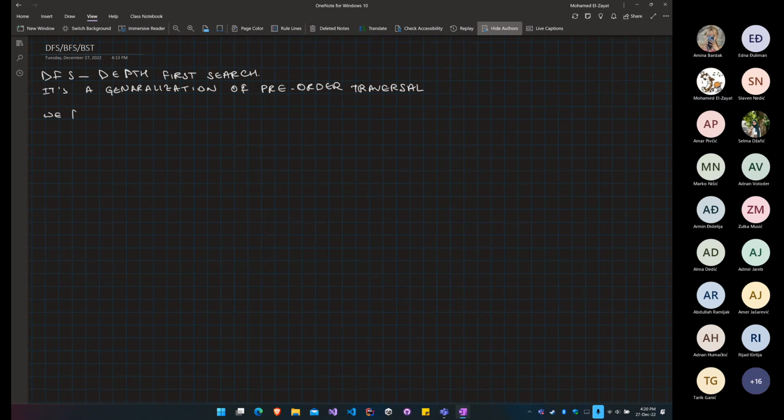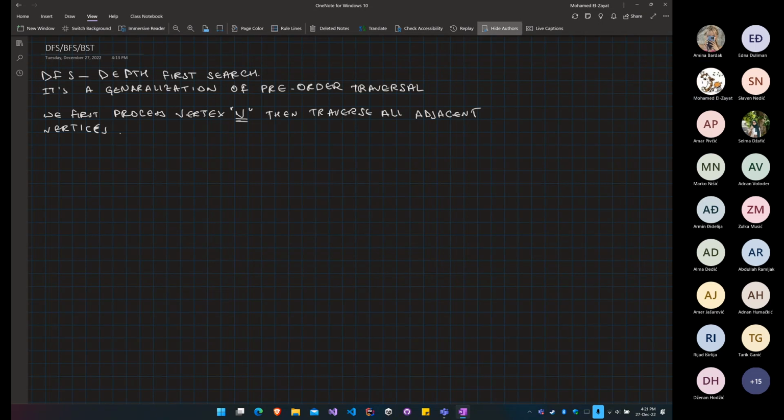For example, we first process vertex V. Then traverse all adjacent vertices to that V which you have explored, okay?